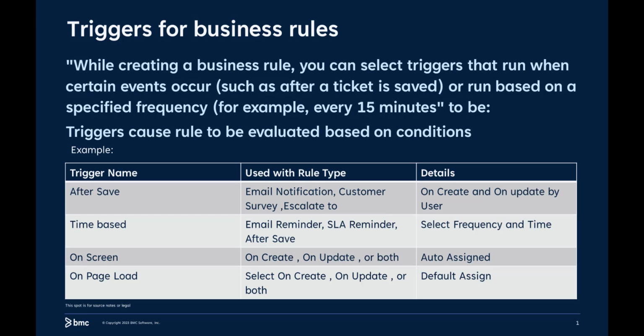The trigger option varies and depend on the type of rule you selected. You can use a multiple trigger in a single rule and they all are logically by OR operators. Let's take some example. After save is one of the example of the business rule type. We can use time based, on screen, on page load for the after save type of business rule.